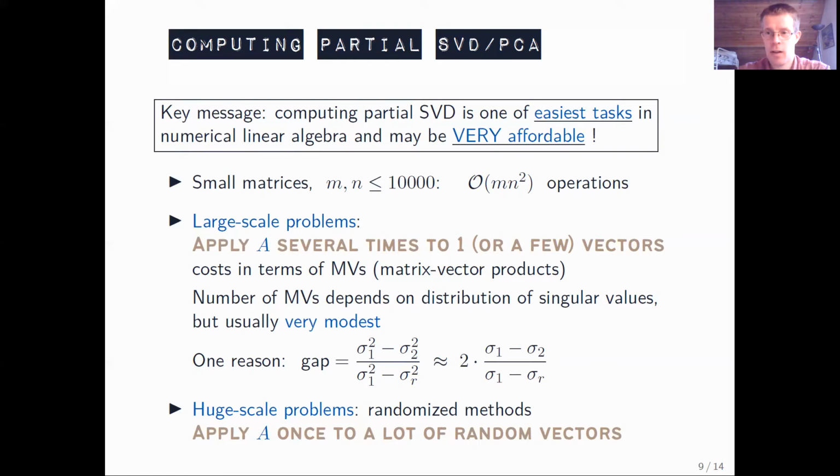They are very, very optimized nowadays. But this is usually not our main interest, because this is only for small matrices up to some dimension, and it computes all of the singular values and vectors. And this is usually not our interest. We are interested in just some of the interesting features or trends.